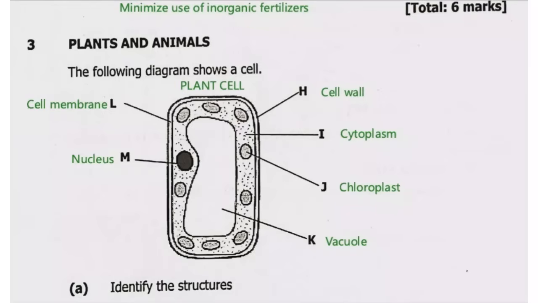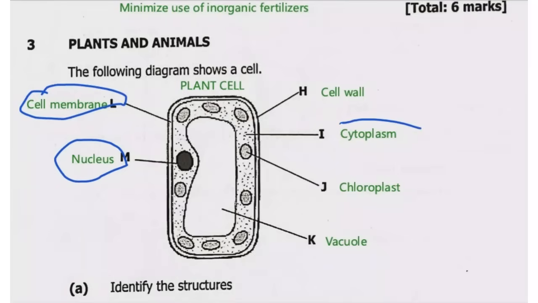An animal cell has got 3 parts, and those 3 parts are cell membrane, nucleus and the cytoplasm. I'm circling those parts that are found in an animal cell too. The other 3 parts, which are vacuole, chloroplast, and cell wall, are not found in an animal cell.